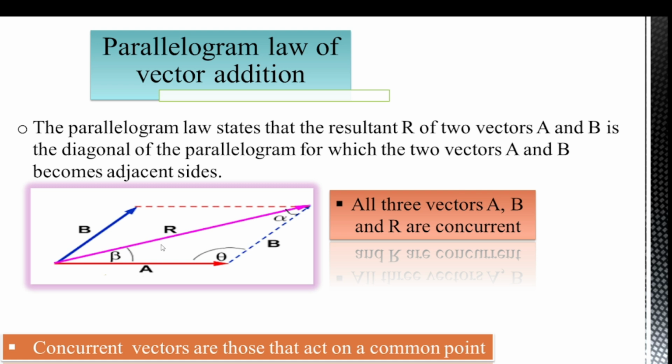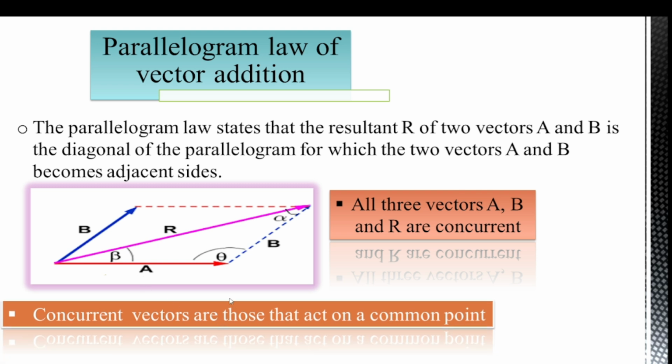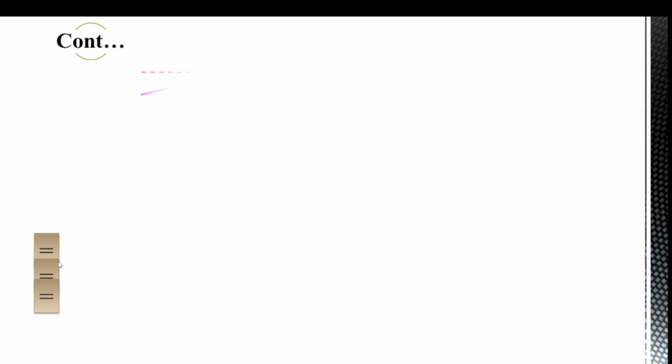Concurrent means vectors that act on a common point. Great. Look at this approach or technique to find the resultant value of vector A and vector B, whose name is vector R. Our ultimate goal is to find the value of R.